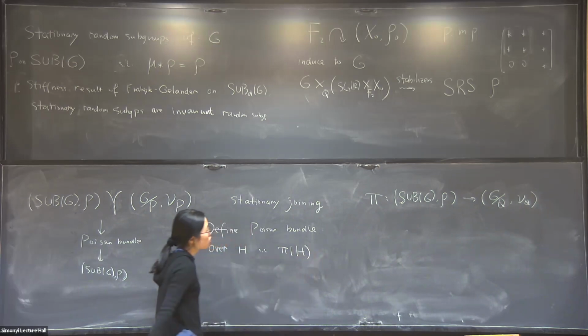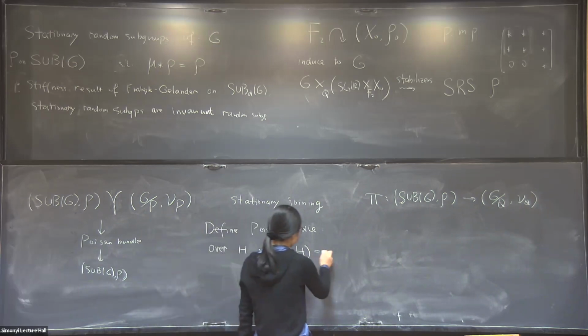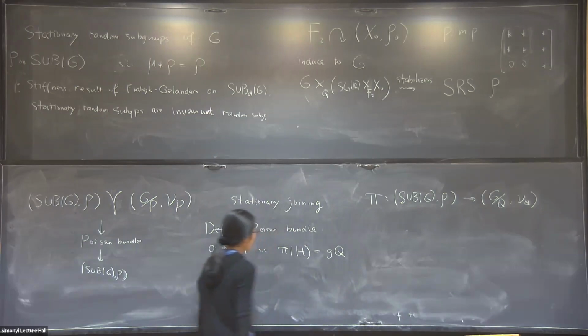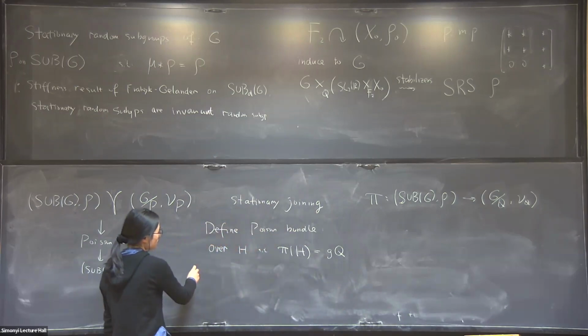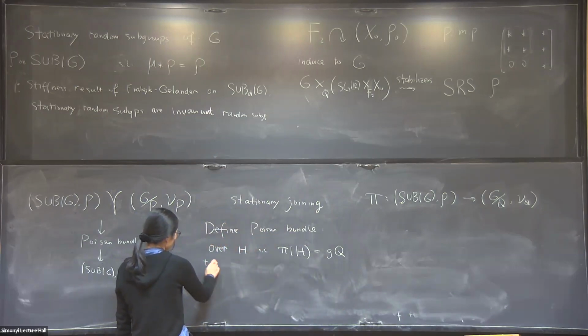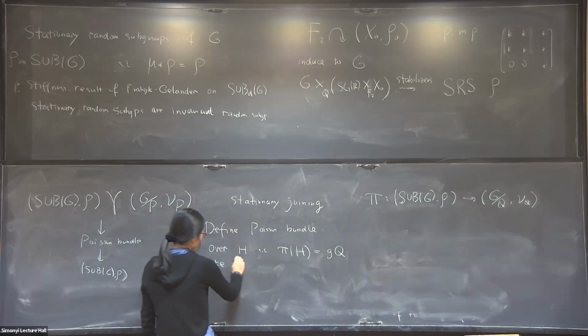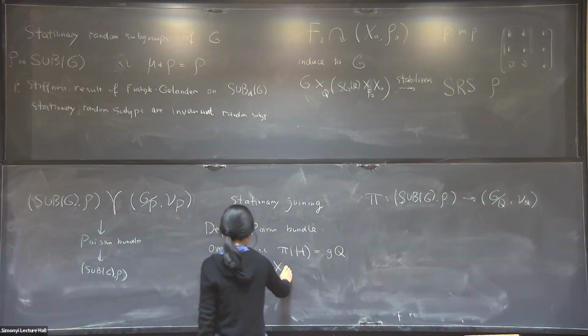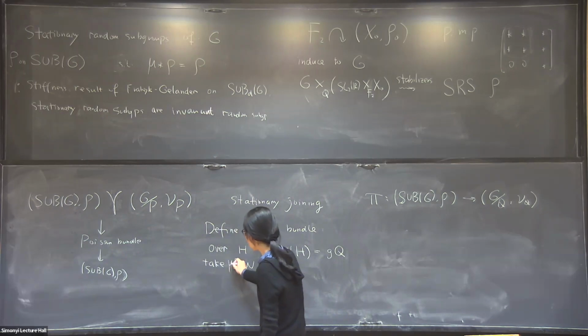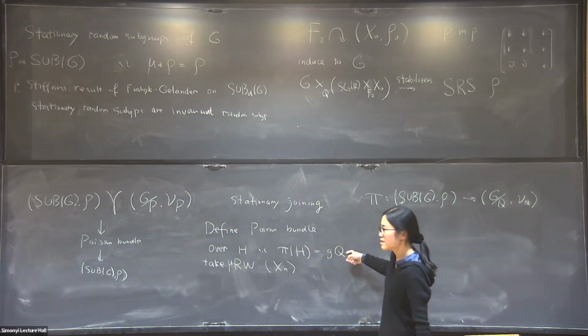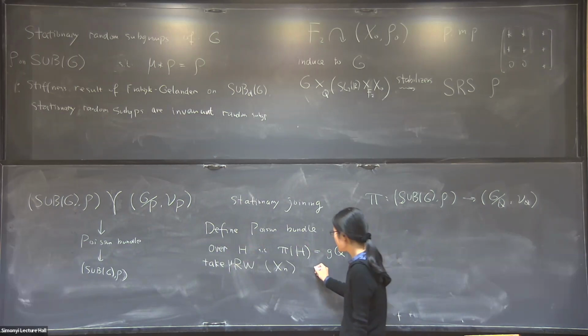If you read where it sits, say it is G mod Q. Then you take the random walk. So this is the mu random walk, but you need it to converge to G mod Q at infinity. So it's a condition.